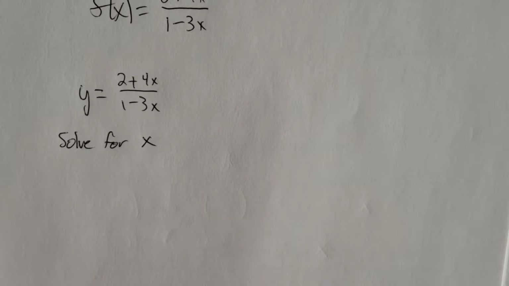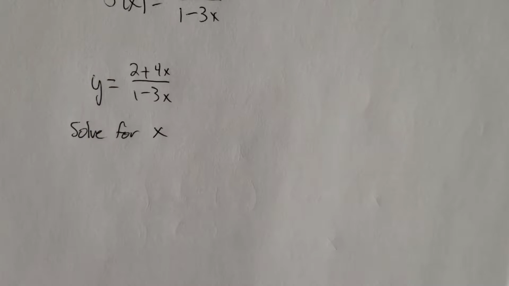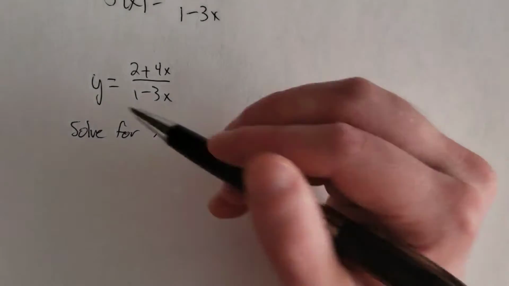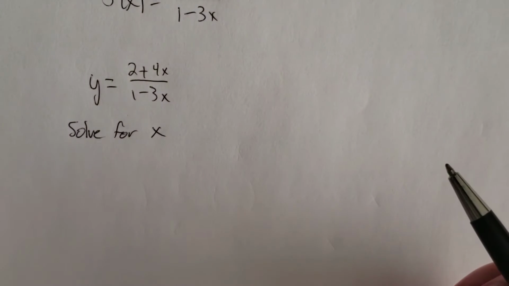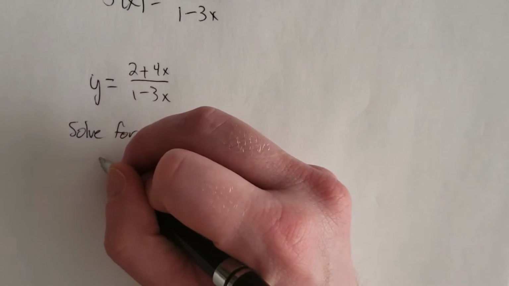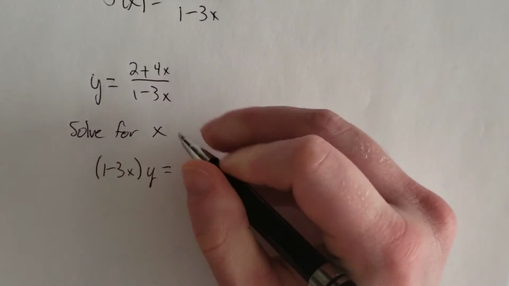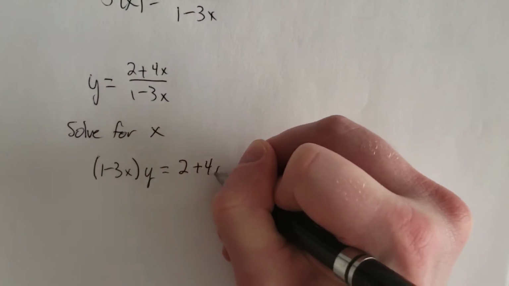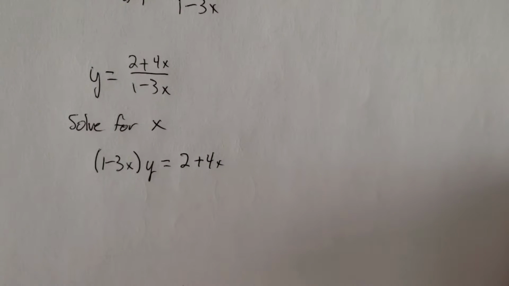We have 2 plus 4x over 1 minus 3x on the right-hand side. We do want to put all of the x's into the numerator. So we can multiply by 1 minus 3x on both sides of this equation, and we get 1 minus 3x times y is equal to 2 plus 4x.